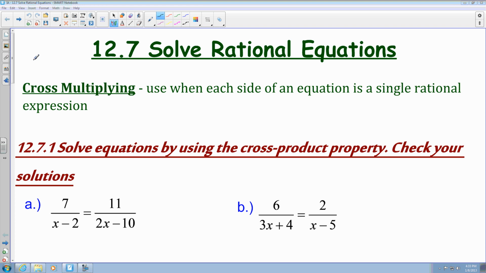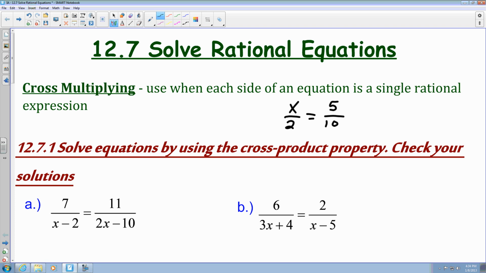So with that, one of the main things that we're going to be doing to solve for x is cross multiplying. It's very similar to problems you may have seen, something like this, where you have x over 2 equals 5 over 10.